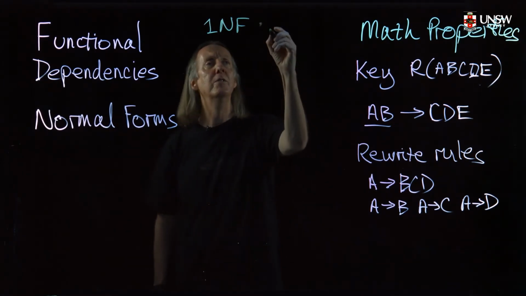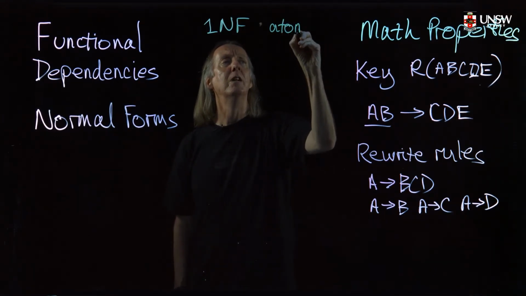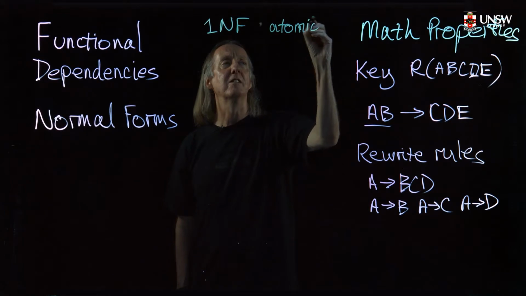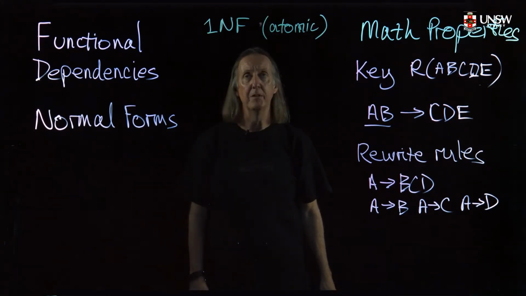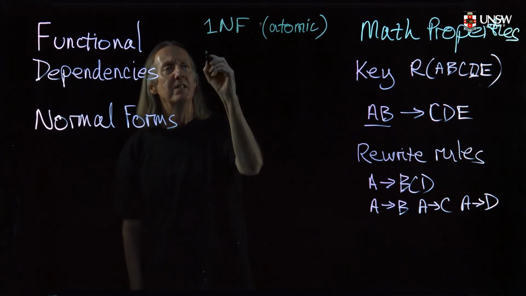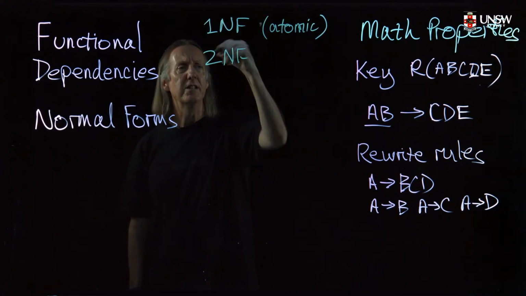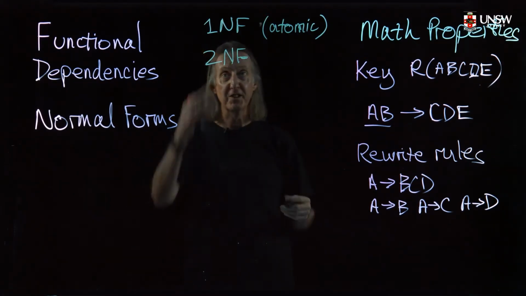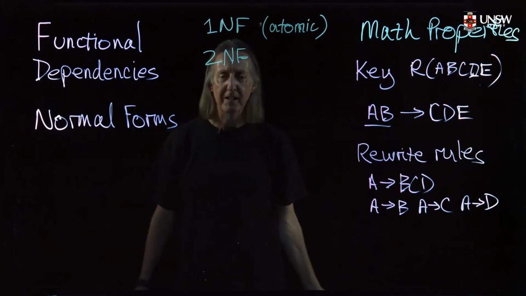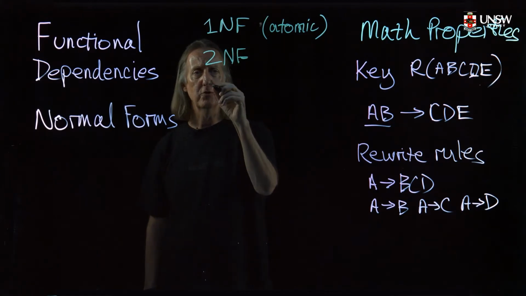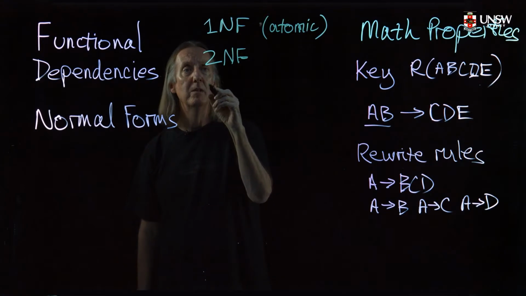All it tells you is that a schema is in first normal form if all of the attributes are atomic, which is kind of what we assume with the relational model anyway. Then there's second normal form, which basically just talks about keys. These two normal forms aren't interesting. If we've got a schema in one of these two normal forms, we're not going to be particularly happy because it would have the redundancy properties that I talked about before with the attendant update problems.